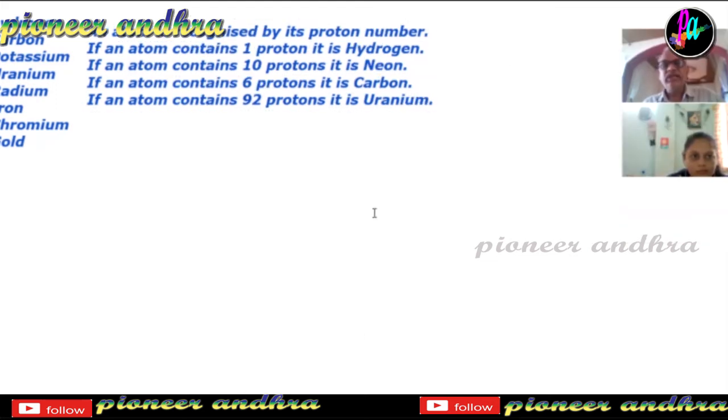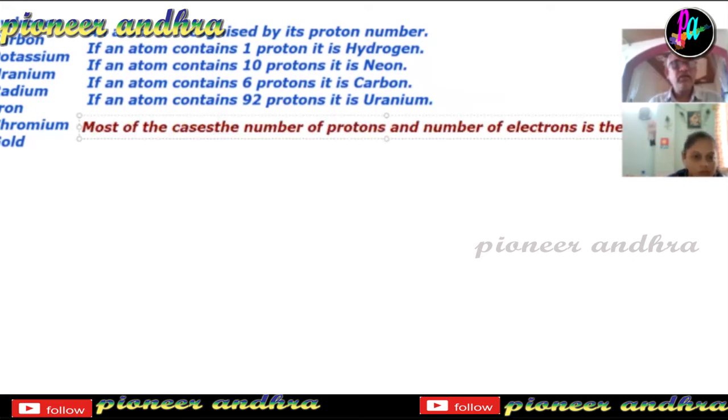Now, how will electrons be distributed? Suppose an atom with one proton, it has only one electron. An atom with two protons will have two electrons. Always the proton number and electron number will be the same. In most cases, the numbers of protons and electrons are the same.